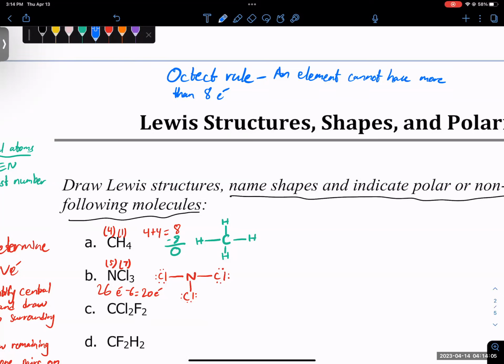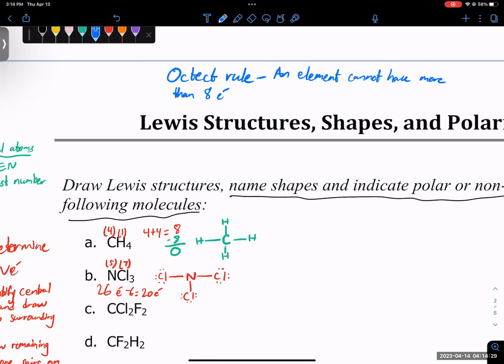And terminal atoms typically only max out at 8 electrons, whereas central atoms can expand their octet, and we'll see some examples later. Actually, maybe we can do one in just a little bit. You'll see that, hey, this is exceeding the octet rule by a lot, but that's okay for that element specifically. But in this case, y'all won't have to worry about that.